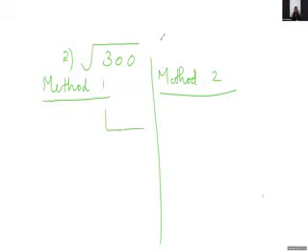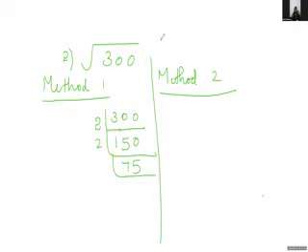Dividing with 2, then 150, again which number did you divide? 2, with 2, answer is 75, good. Next, 5, answer is 15, again 5, then 3, very good, excellent. Then 3, 3, 1.